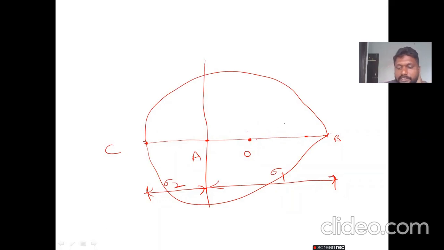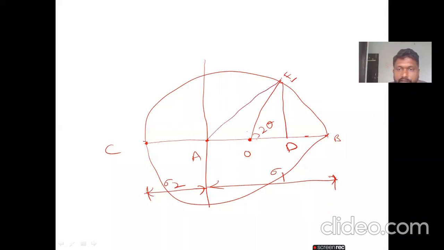Now through this O, draw a line OE making an angle 2 theta with this OB. Next, from this E, draw ED, which is perpendicular to AB. This is the D value. Now join AE.